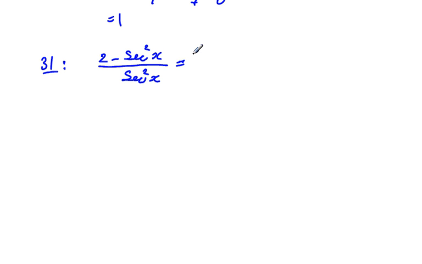If you come across them, one of the good bets is to convert everything back to sine and cosine, clean it up, and then at the end, if you want to go back to those secondary functions, that's fine. But since we didn't see any secant today, staring at this is not going to help us. So let's first be smart and go back to primary functions. What is secant? This is one of those reciprocal functions, you remember? So this is 1 over cosine square of x. And same in the denominator.